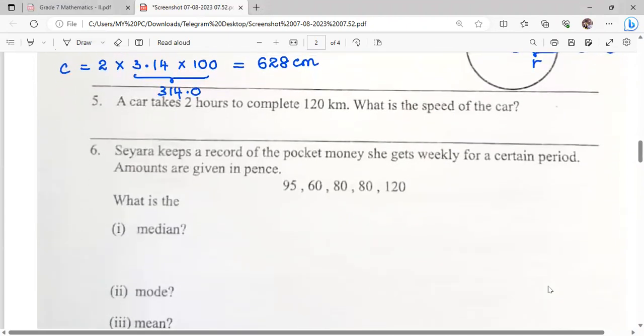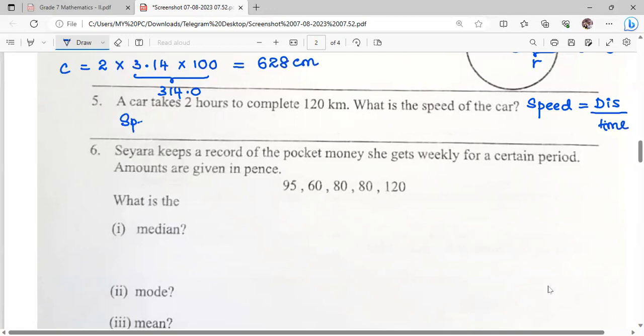Then the next one: a car takes 2 hours to complete 120 kilometers. What is the speed? Children, can you remember the formula that speed is equal to distance divided by time?